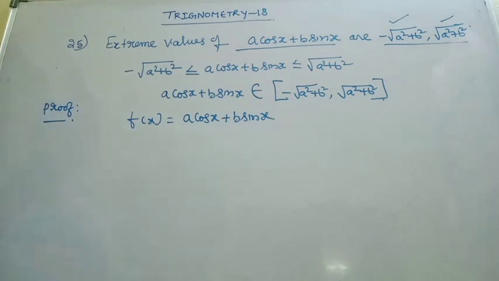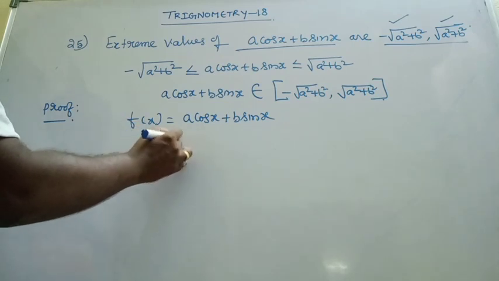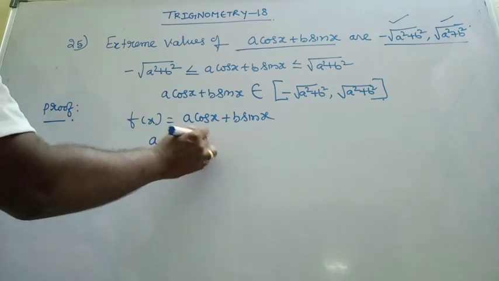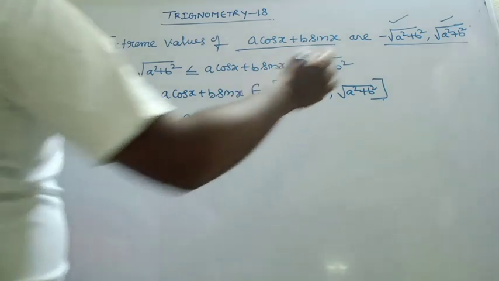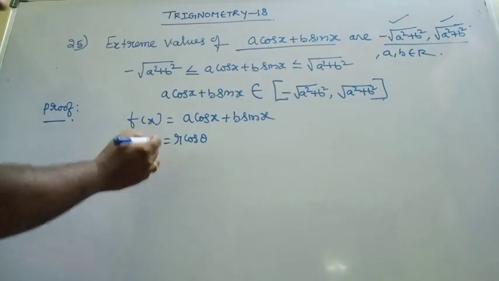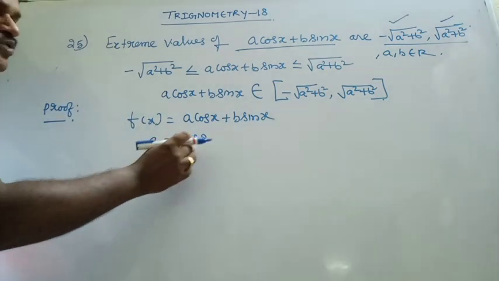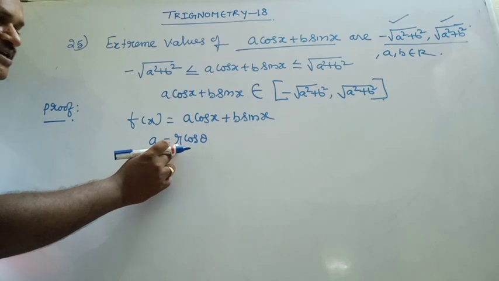My dear students, what I am going to tell you is, for this, take the constant a equal to r cos theta, because a and b are real numbers, they are constants. a, b belong to R. Now this real number a, you can write as r into cos theta, some other constant into cos theta.